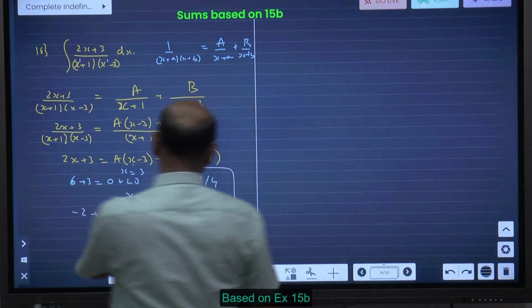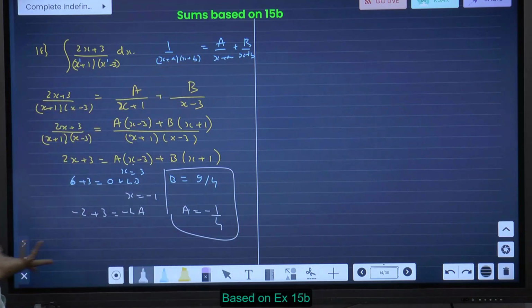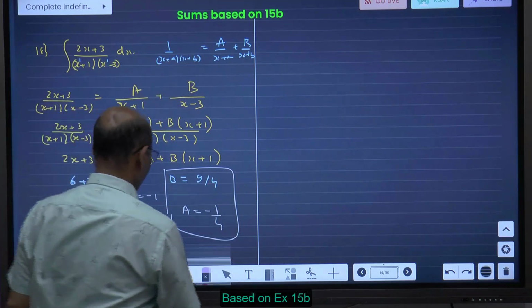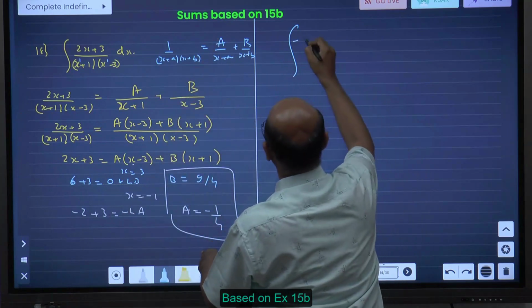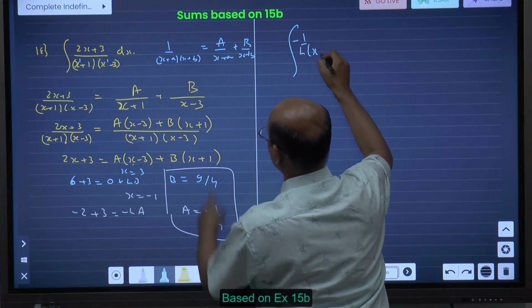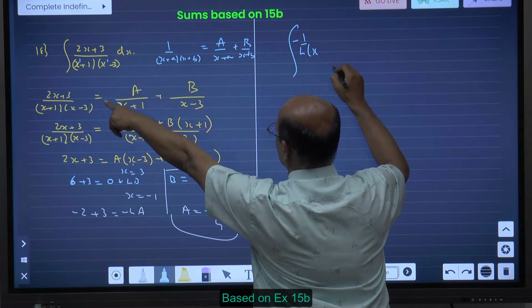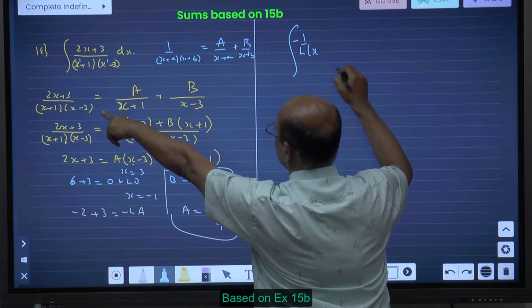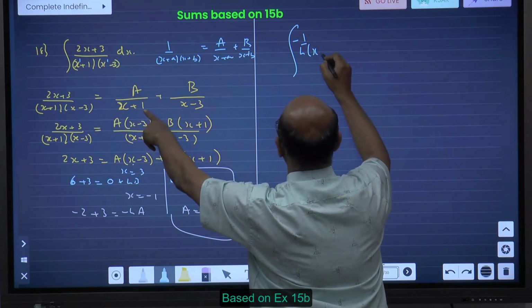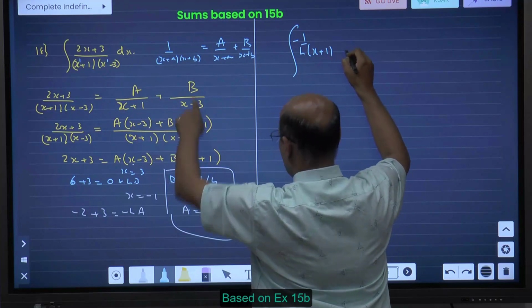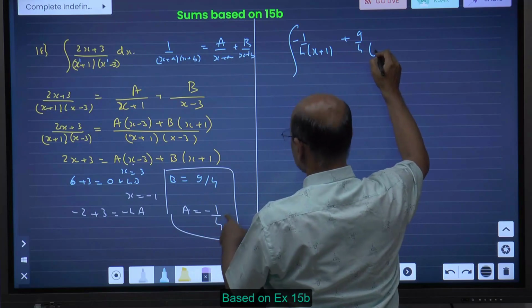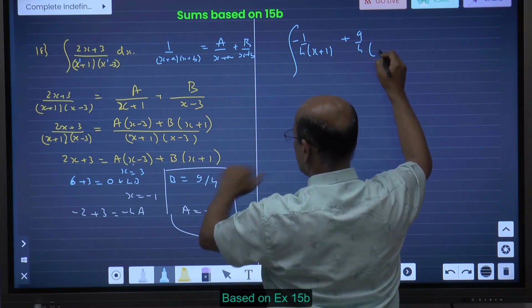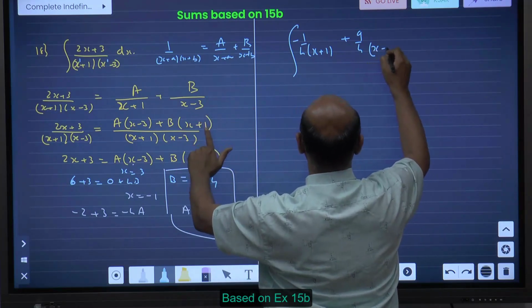So once I find a and b, I have the job done, because I have to integrate this now. Integral of a, what is a? Minus 1 upon 4 times x plus a, that is x plus 1, right? Plus b. b is 9 upon 4 times x plus b, and x plus b is x minus 3.